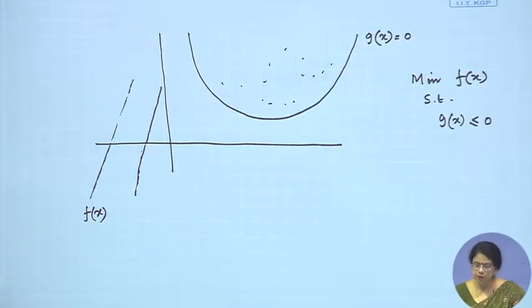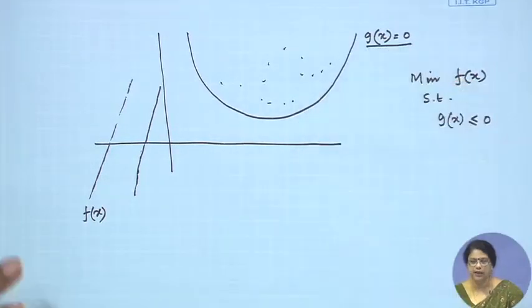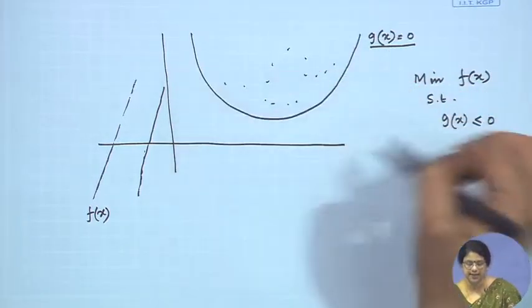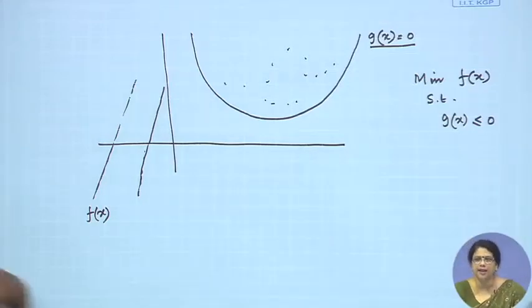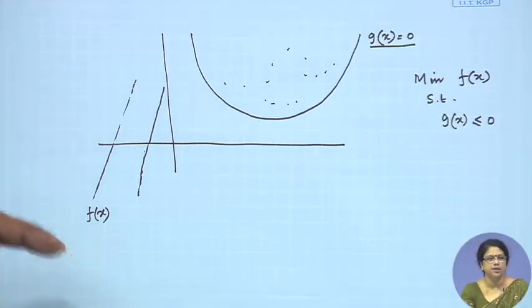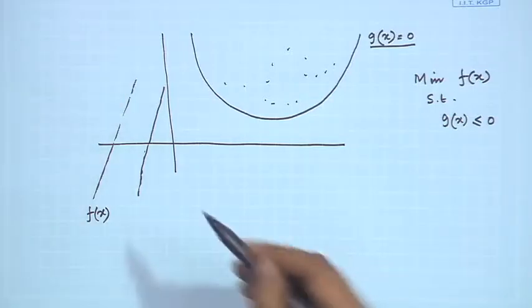For this problem, one thing we should know is the range of x. We have g(x) less than or equal to 0, but if we can somehow find the range of x from the constraint set, that is nice, because we have to start the process from one point.